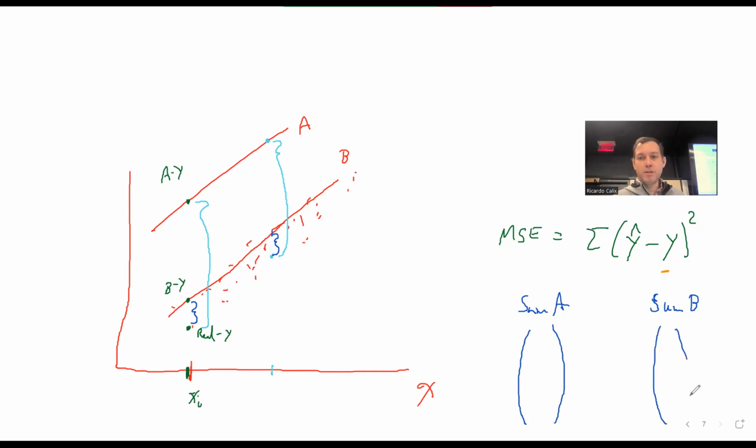So for A you have D1, D2, all the way to Dn. And then here, D1B, D2B and DnB. You guys see what I'm doing?